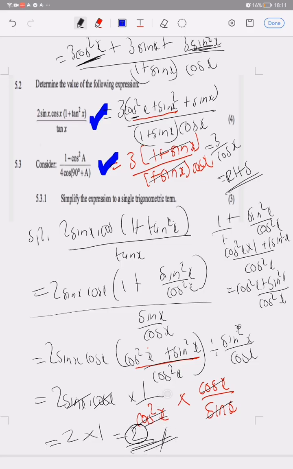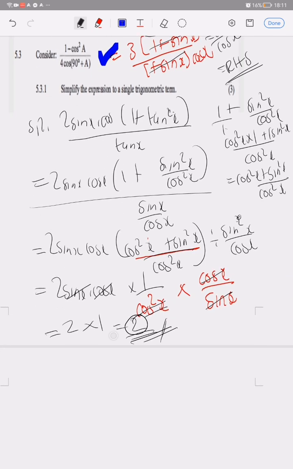Then the last section, they say simplify this into a single trigonometric ratio. A very interesting one. So it's 5.3: 1 minus cos squared a over 4 cos of 90 plus a, right? Remember, this is an identity.